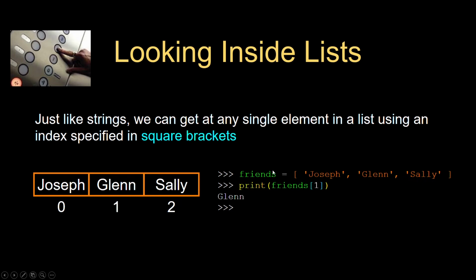For example, friends 0, friends 1, and friends 2 will represent 3 items. Instead of putting 0, 1, 2, we can put a variable there. So friends I. In place of this 1, we can say friends I, and that I variable value can change from 0, 1, 2 in the for loop. We have used for loop that way.